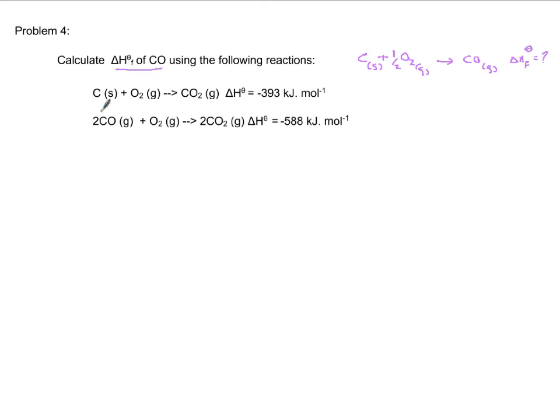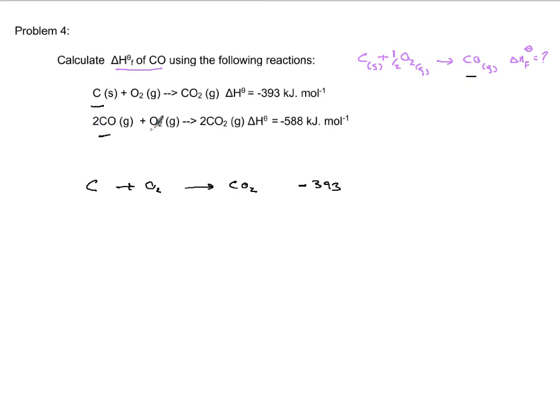Using the following equations, I see carbon and carbon on the left hand side, so I like my first equation as is. So let me just write it. Carbon plus oxygen giving me CO2. I didn't change anything. I keep the sign. I see the second reaction that CO is on the product side.